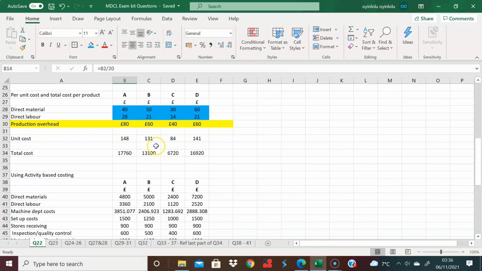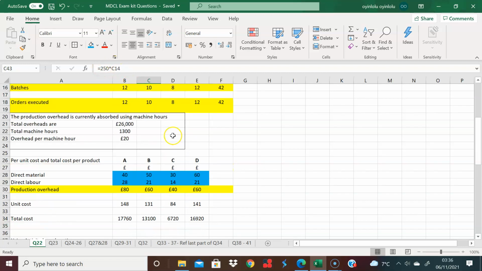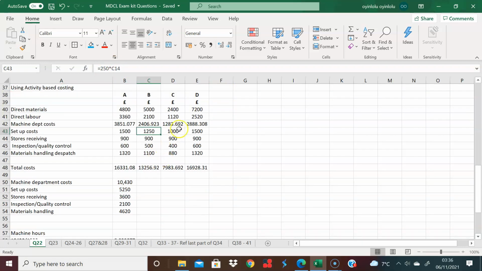And we do exactly the same thing right across: 250 times the number of production runs of B, 250 times the number of production runs of C, which must be 4, and 250 because I had 6 production runs. Remember, that's the 900 split. That's the 3,600 just nicely split between the 4 of them.